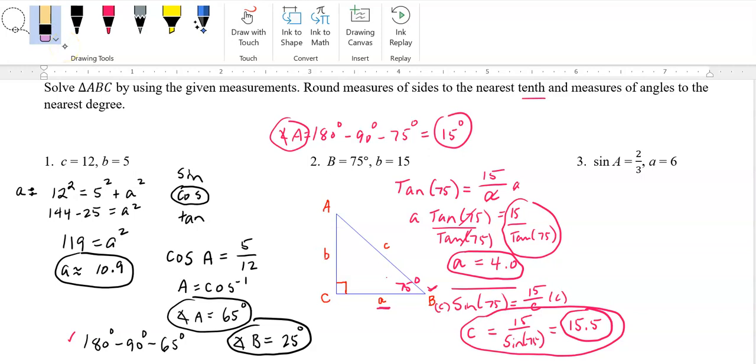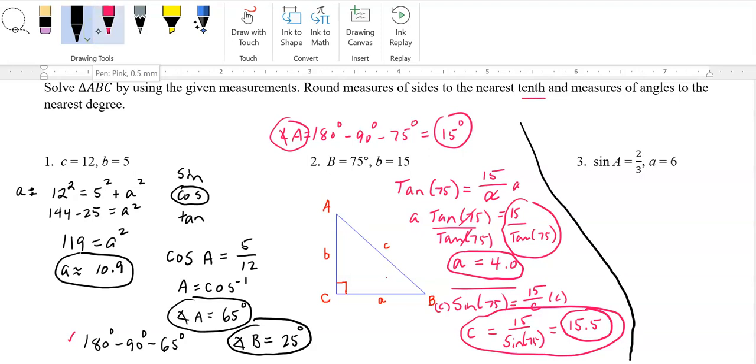So let's just erase this work and go back to this original triangle. It's getting a little bit crowded. We'll try to partition it off a little bit here. This one's a little bit tricky. You won't have to deal with this on your test, but this is a good way to think a little bit. You're given the measurement of side A as 6 units.